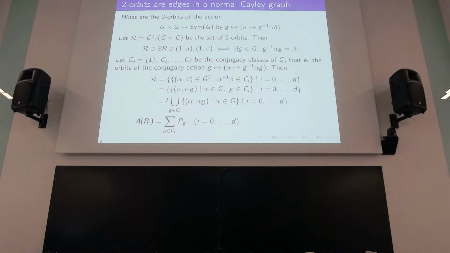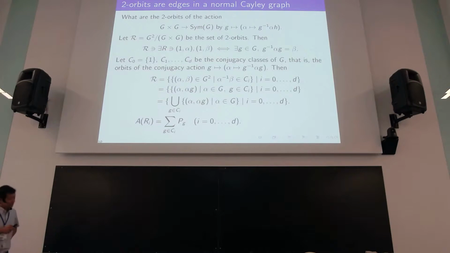But then we can move this alpha to this side, so beta belongs to alpha times Ci. So if you take g from the conjugacy class Ci, then beta can be written as alpha times g.